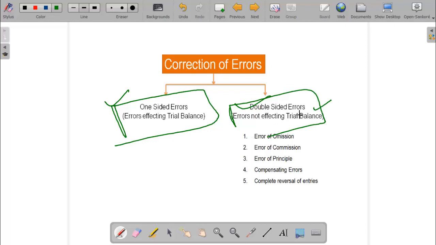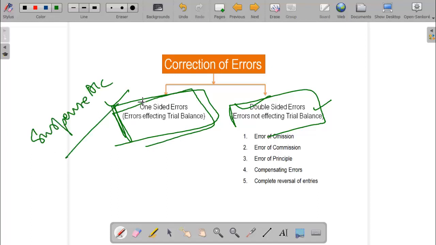Now there is a question: if a one-sided error is there, then obviously in the trial balance we will find a suspense account, isn't it? If one-sided errors are there in the books of accounts, then when you prepare the trial balance, you have to open a suspense account.